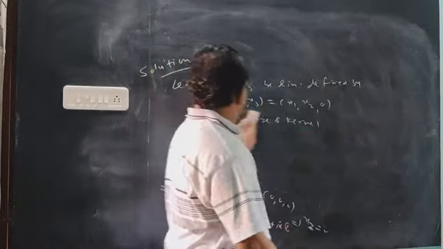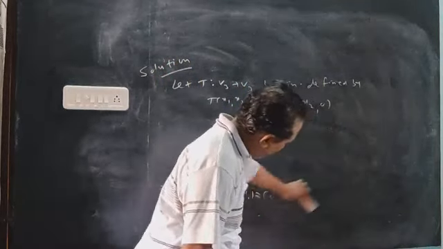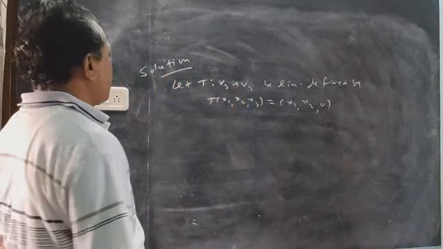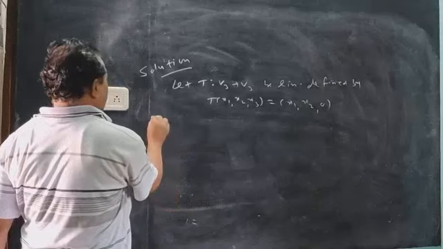Solution. So T is the mapping defined by this line. First, range and kernel. What is range?